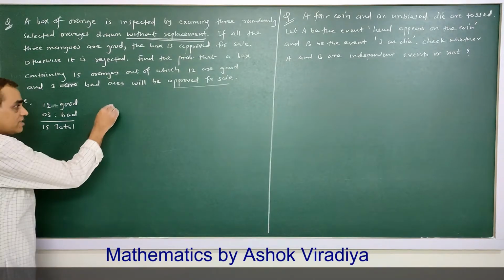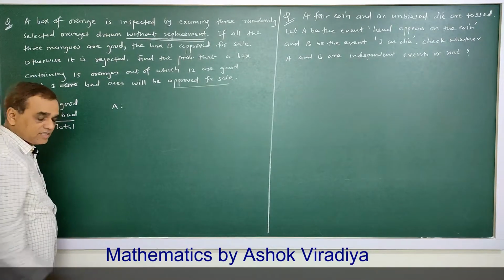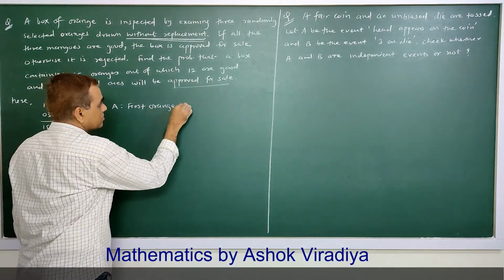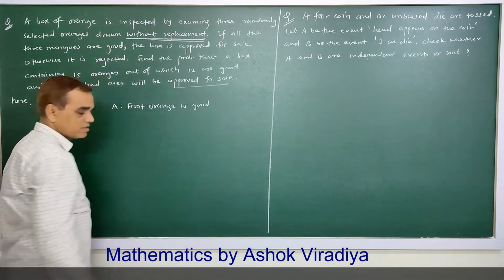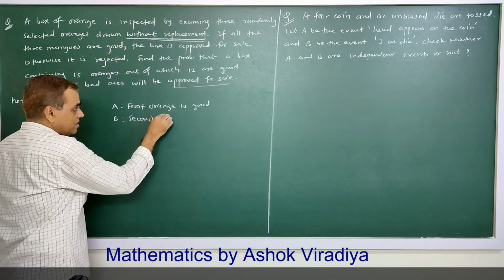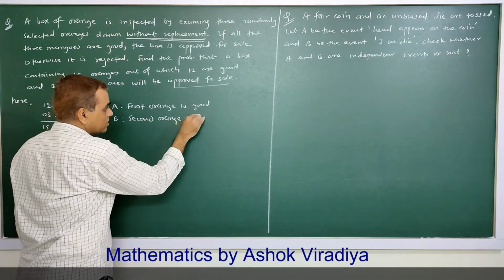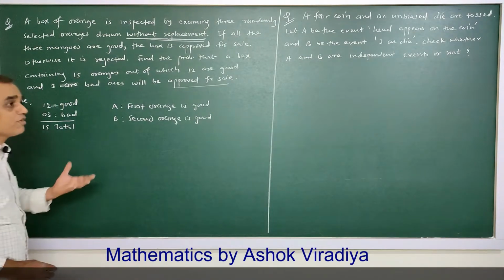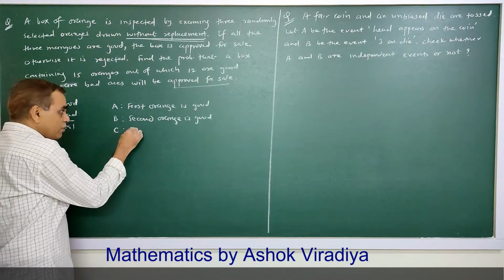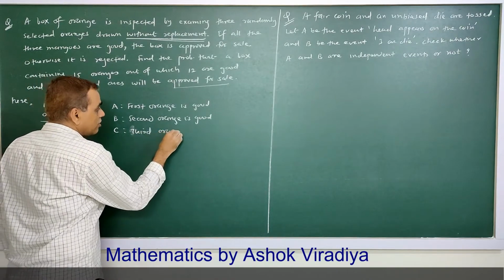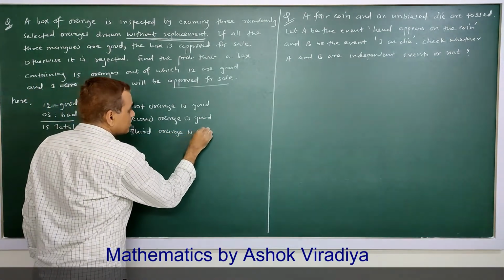We suppose that A is the event that the first orange is good, B is the event that the second orange is good. We want all 3 oranges good because we want the box approved for sale. C is the event that the third orange is good.